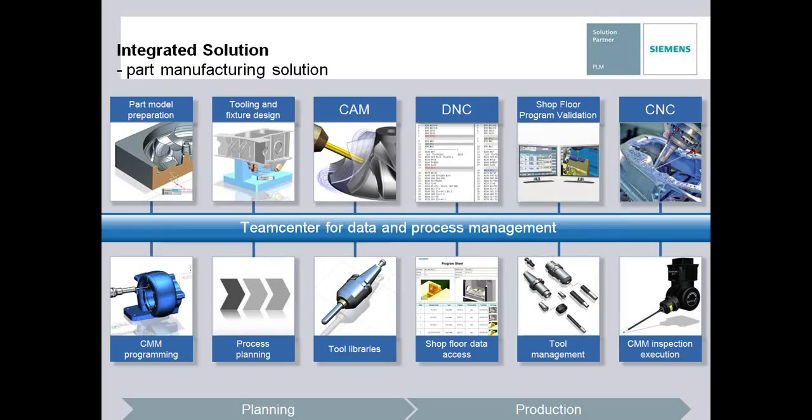This solution combines all of the Siemens PLM software manufacturing engineering applications, and we can also connect with Siemens Motion Control, or the Siemens Sinumerik. The diagram also shows it being managed by Teamcenter, which can manage all of your CAD data through your CAM, manufacturing data, and even down to tool management.